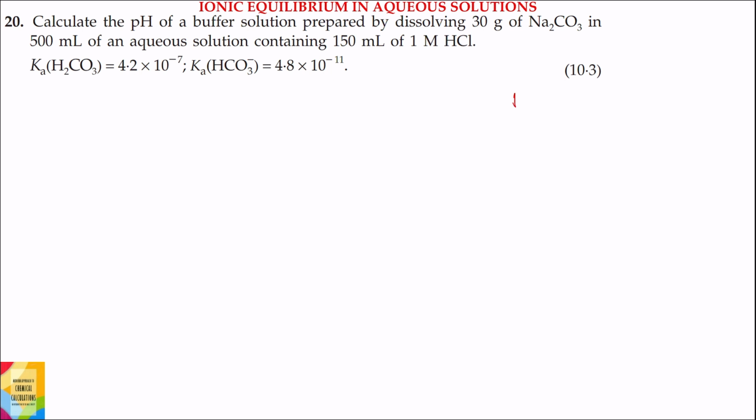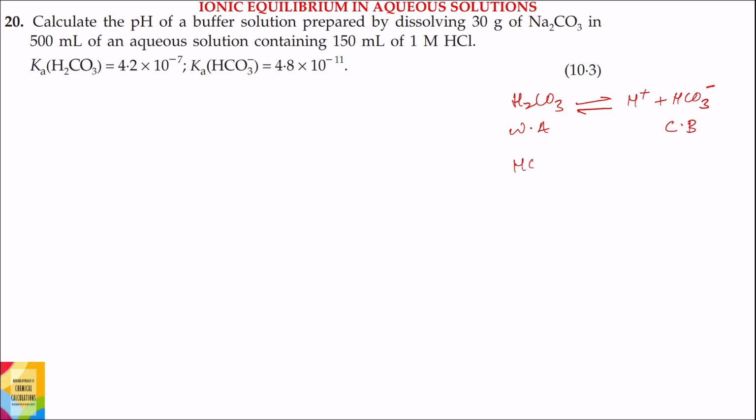So, suppose H2CO3. H2CO3 is a weak acid. So, it dissociates to give H plus and HCO3 minus ion. This HCO3 minus is the conjugate base of this weak acid.